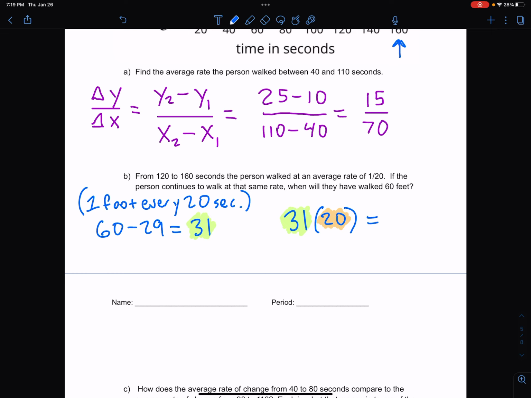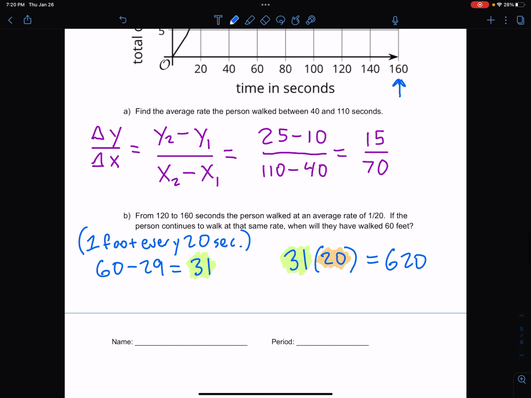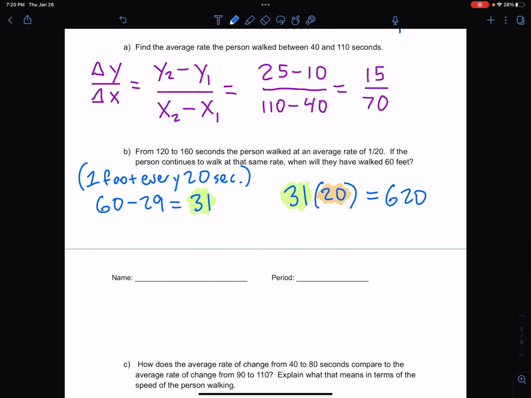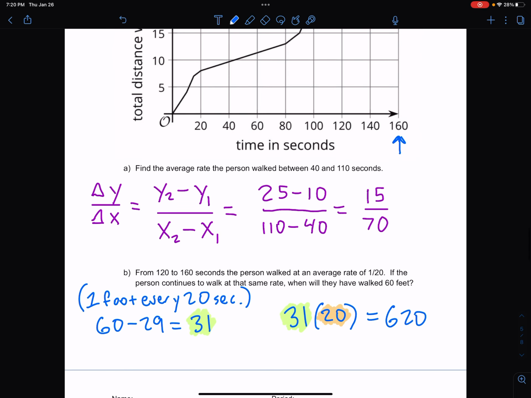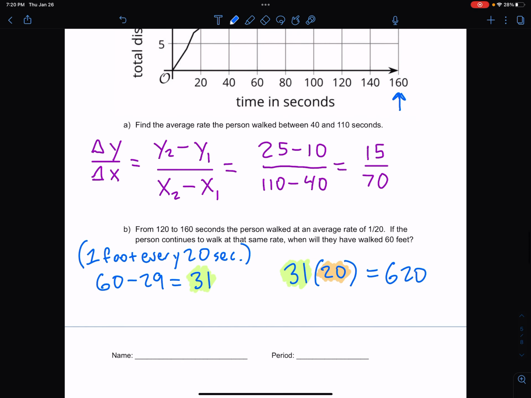20 times 30 is 600. And then to that 600, we're going to add the 1 times 20, which is 620. So I'm thinking it's going to take me another 620 seconds to make it to that 60 feet that I'm trying to get to. But if you stop there, you're going to have a big problem, right?